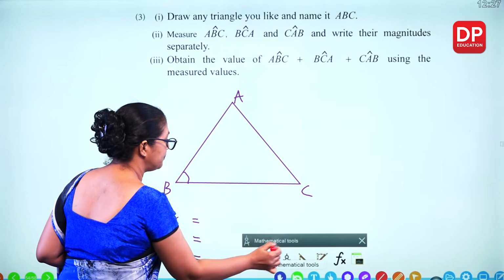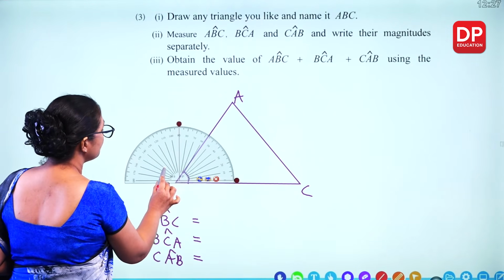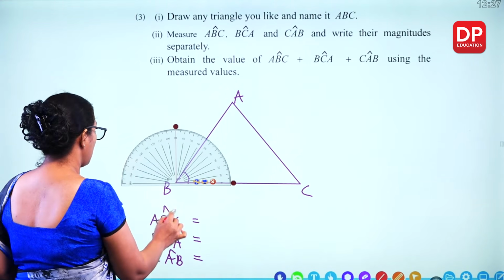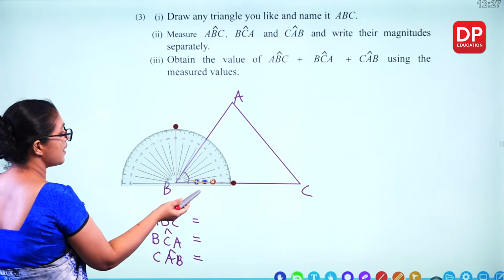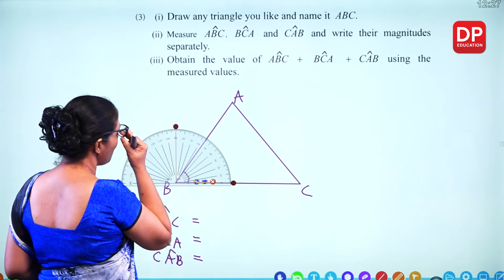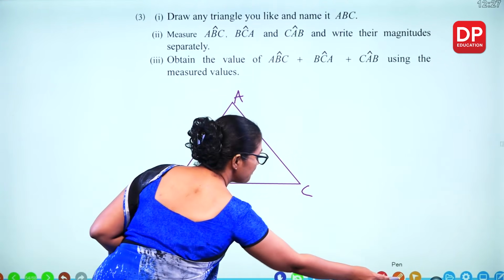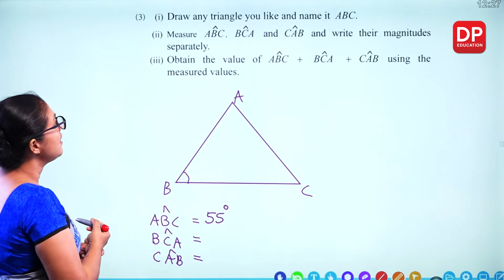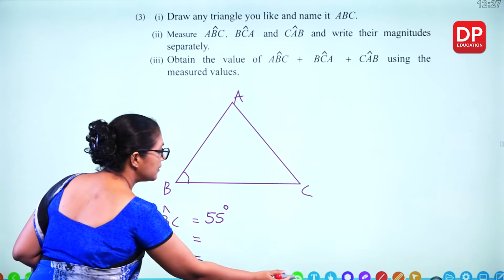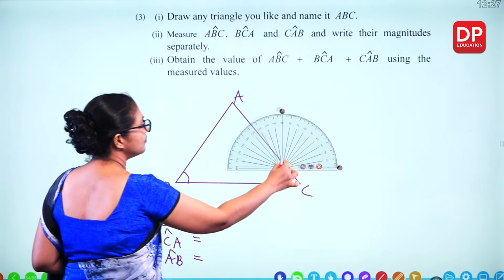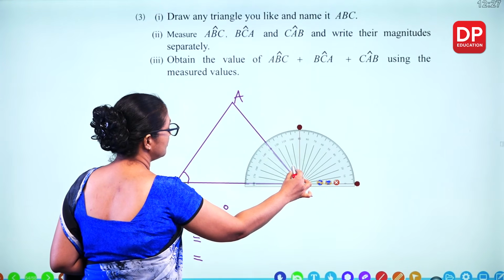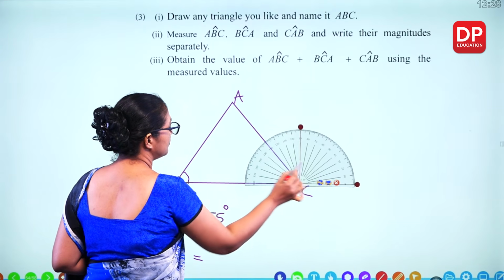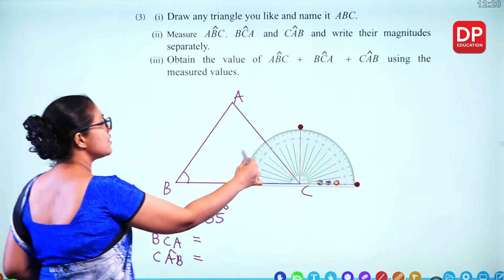ABC, we'll measure. ABC angle, here 55 degrees. Then BCA angle. This way, you have to measure this way.